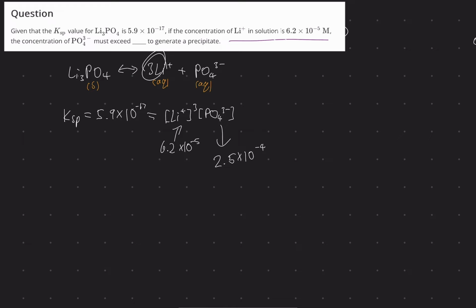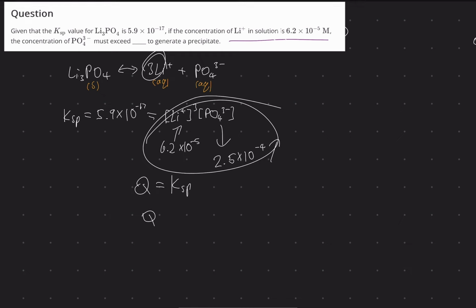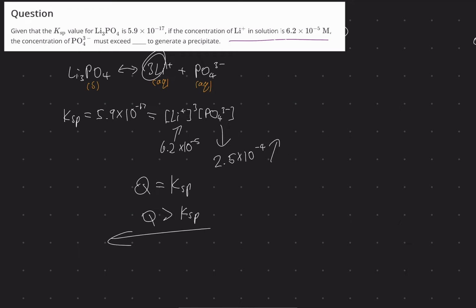And why is that? Because if you put that into the reaction quotient, then right now the reaction quotient equals KSP. But if you increase this, then the reaction quotient, when you multiply these two numbers together, would become greater than KSP. So the reaction would shift to the left.